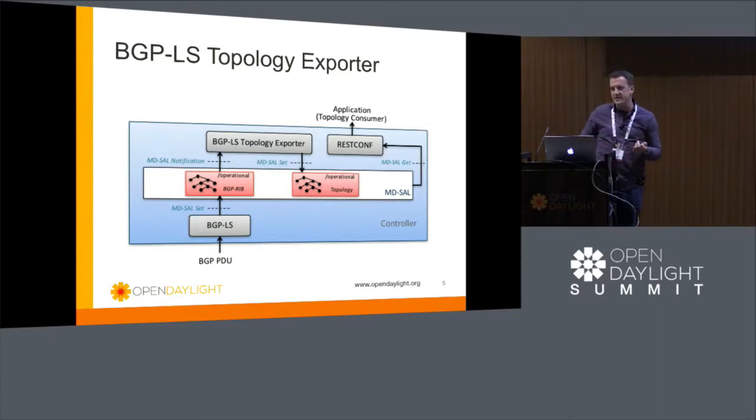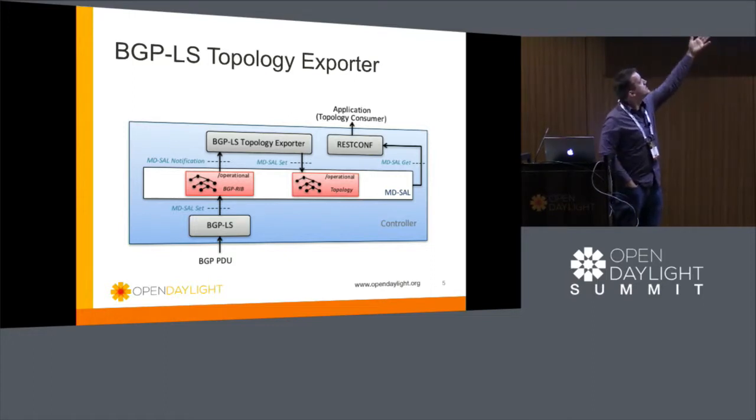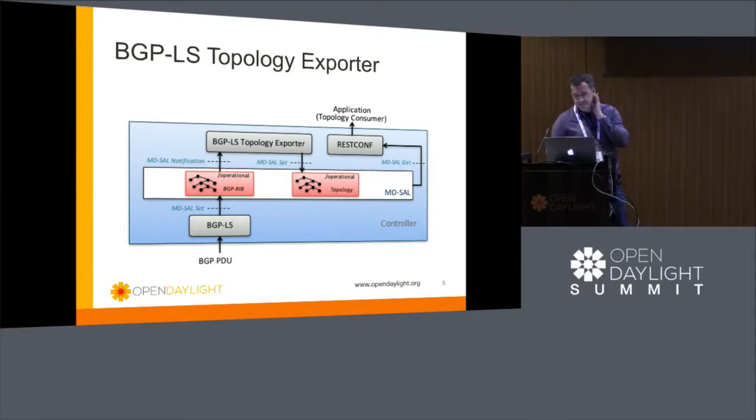It's not really part of the plugin, because here we have an application that's learning from, using MD-SAL notification to learn from that operational RIB, and it's then applying a transformation, which results in it pushing data into this operational topology. And then, again, internally or externally, and we've shown the external case here, RESTCONF could pull that data out from the topology and you can display that.